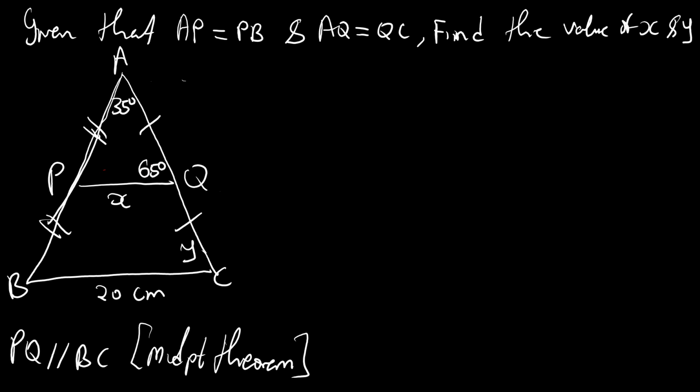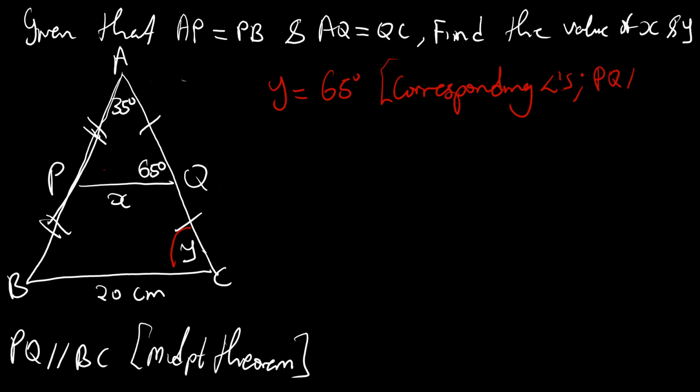So the value of y will be equal to 65 degrees. The reason will be corresponding angles, and we must show which sides are parallel. Is PQ parallel to BC?